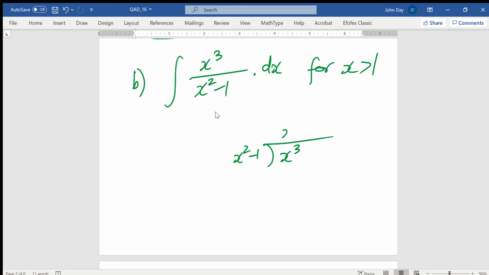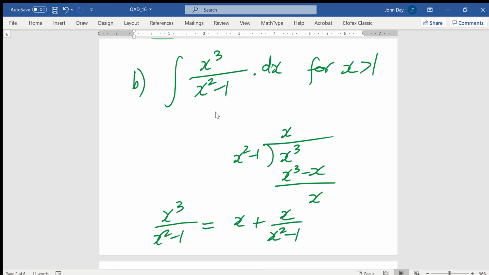Well, x times (x squared minus 1) is x cubed minus x, so that's x. So in other words, x cubed on x squared minus 1 equals x plus x on x squared minus 1.